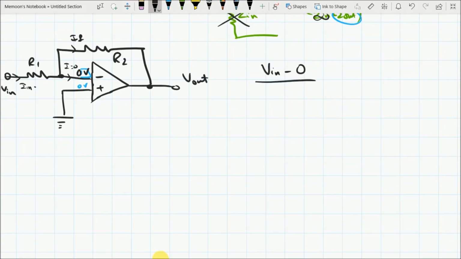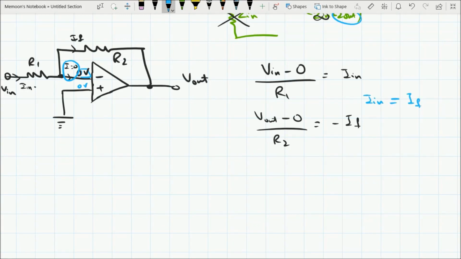V in minus 0 over R1 is equal to I in, and V out minus 0 over R2 is equal to negative IF. But as we know that at this point no current is leaving from here, so I in must be equal to IF.